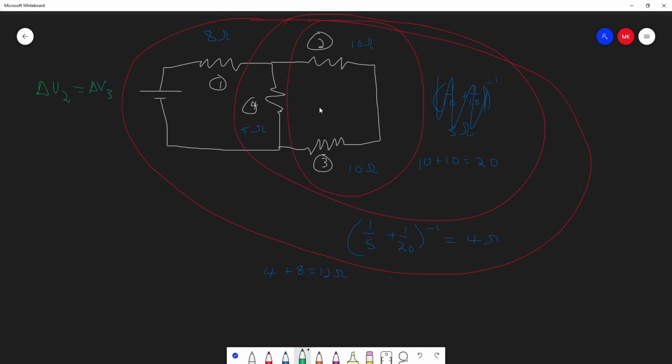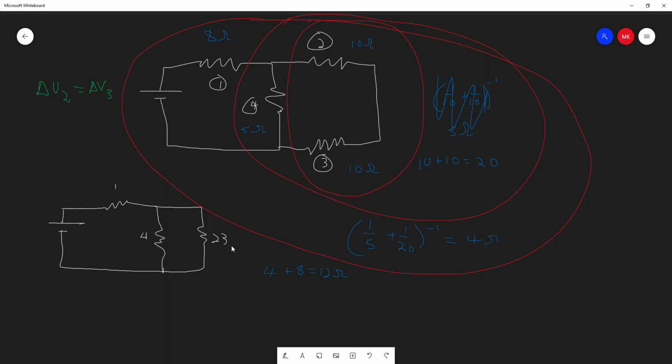Now when we combine resistors in series, their voltages add. And now we'll have R2,3. So let me redraw this just to avoid confusion. We have R1, R4, and R2,3. R2,3 is in parallel with R4. So the voltage drop across R4 equals the voltage drop across R2,3. And the voltage drop across R2,3 is just equal to the voltage drop across R2 plus the voltage drop across R3.